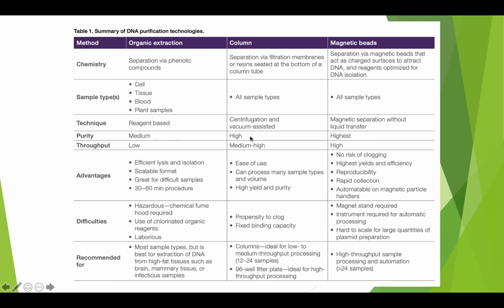But really we'll talk about two other methods. The column method and magnetic beads have higher purity of DNA. The throughput might be lower, but it's easily scalable. Reproducibility will be higher of course in the newer methods, just because the older method might have user errors.